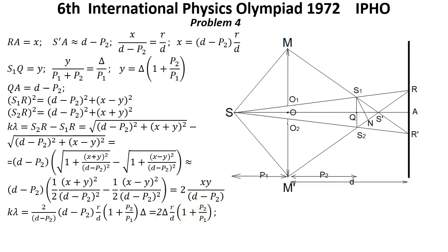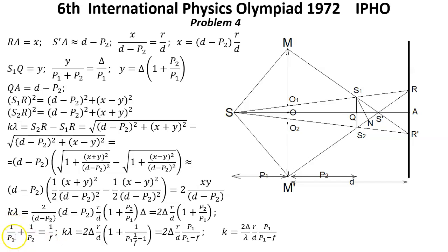And now we can remember what is the focal distance f for our lens. That will be 1 over P1 plus 1 over P2 equal 1 over F. And we can put this P2 expression into this one, and finally we will get that K equals this expression.